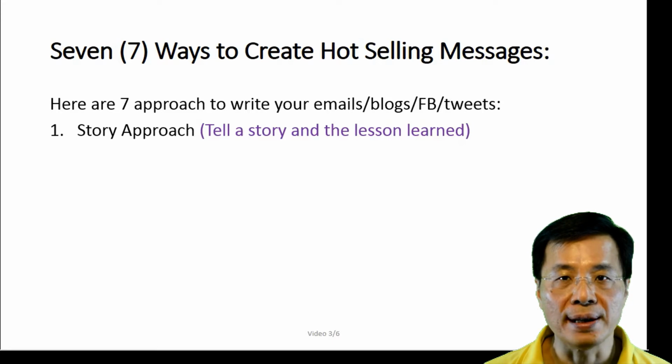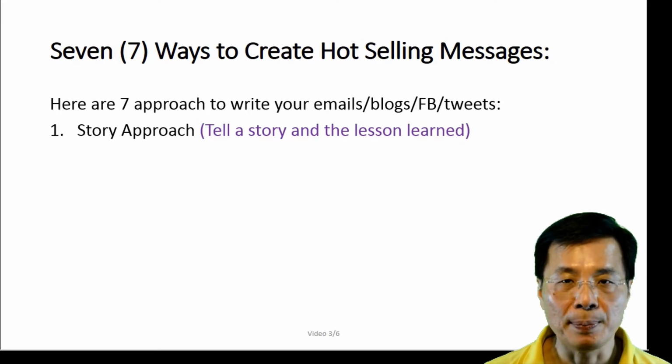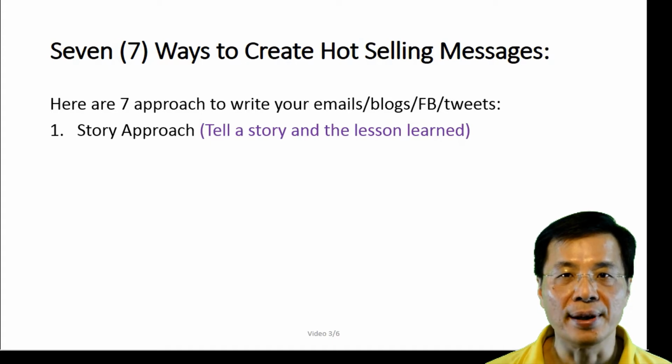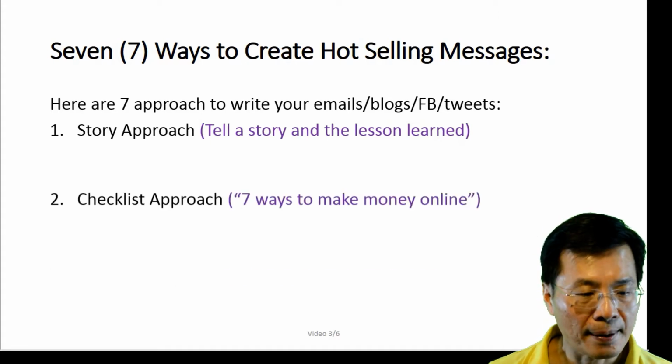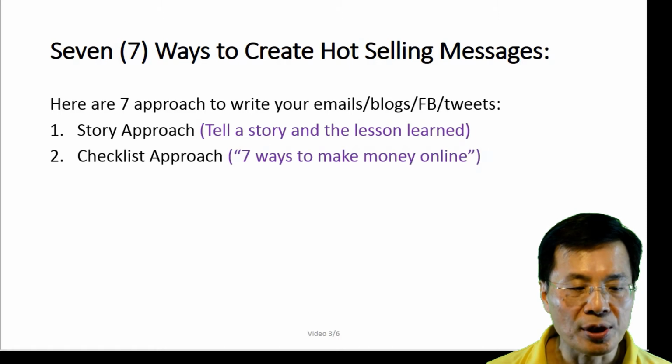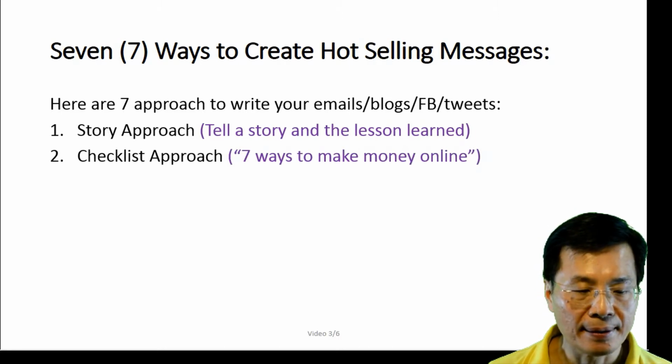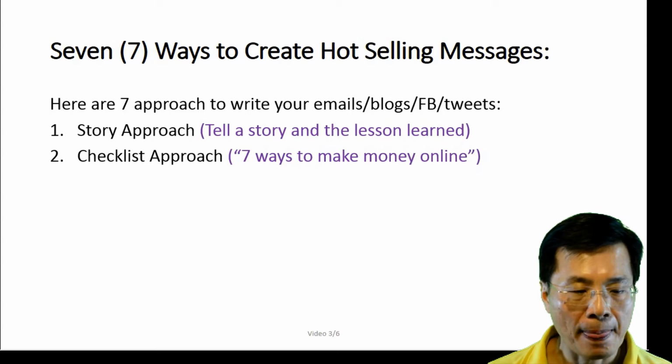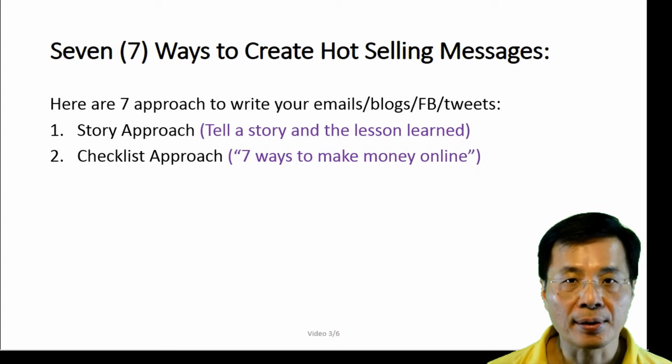Make sure the story is real, because people will not know if you are not telling a real story. Number 2, checklist approach. 7 ways to make money online. Again, try to tell a true story.